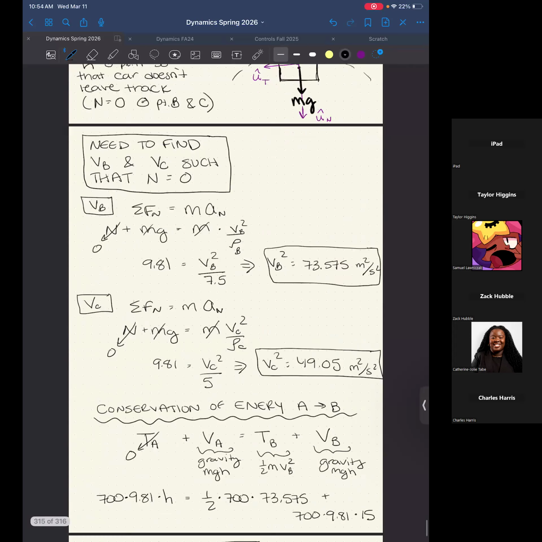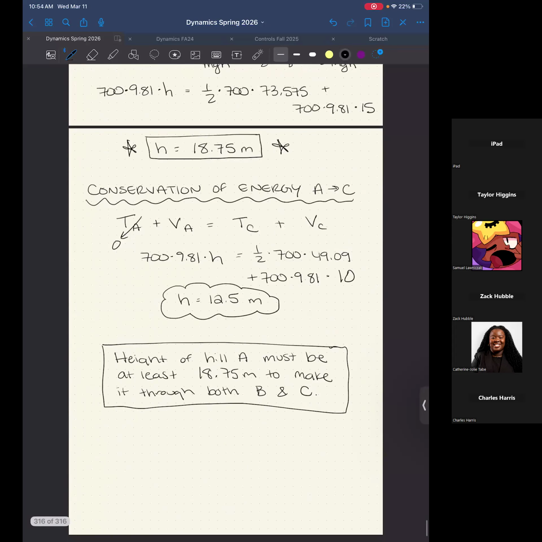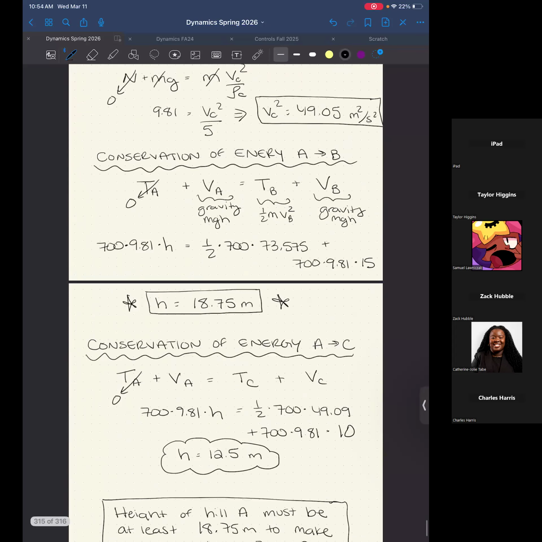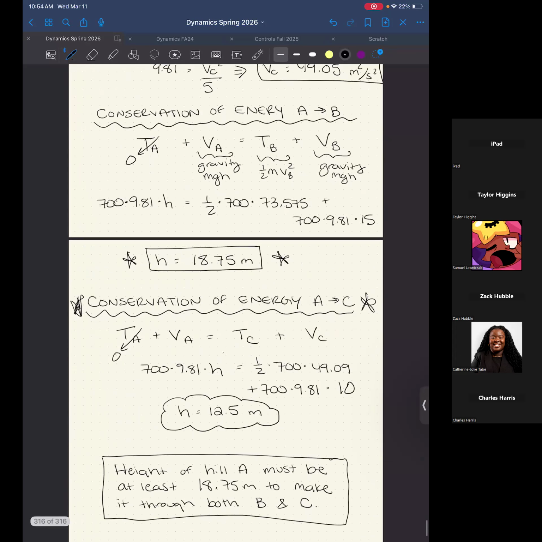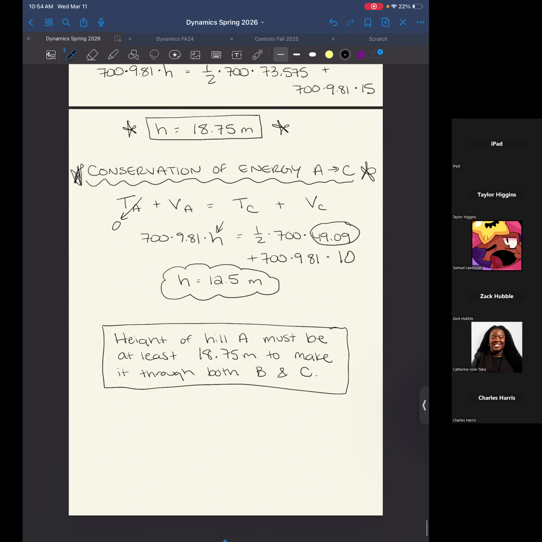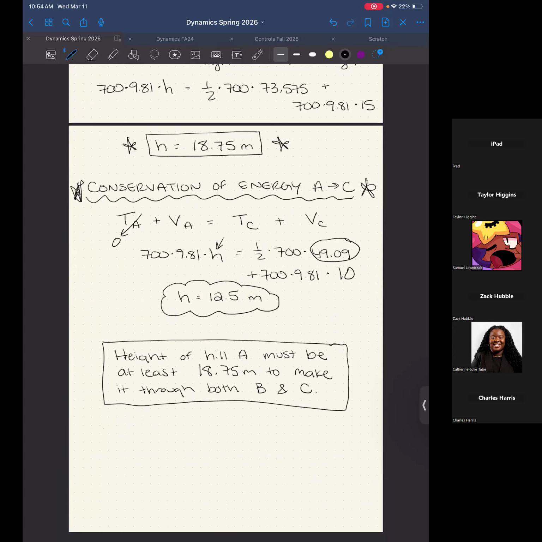So what we need to do is repeat this part, the conservation of energy from A to C, taking H as known and the velocity at C as unknown. Okay, so we could find VC given H equal to 18.75 meters.